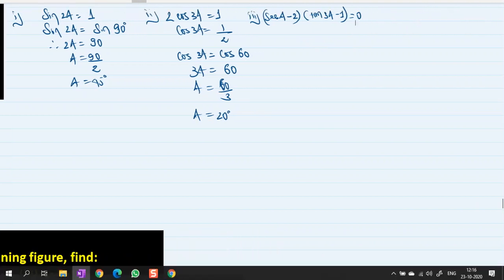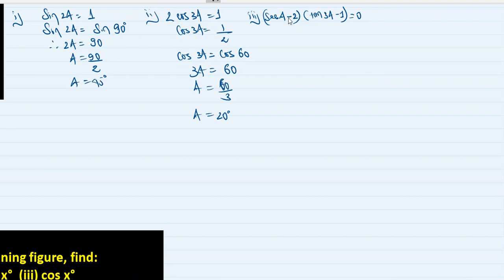So this is kind of like factorization of a quadratic equation. If the multiplication of two terms gives us 0, then one of them must be 0. Product of two terms is 0 only when one of the two terms is 0.